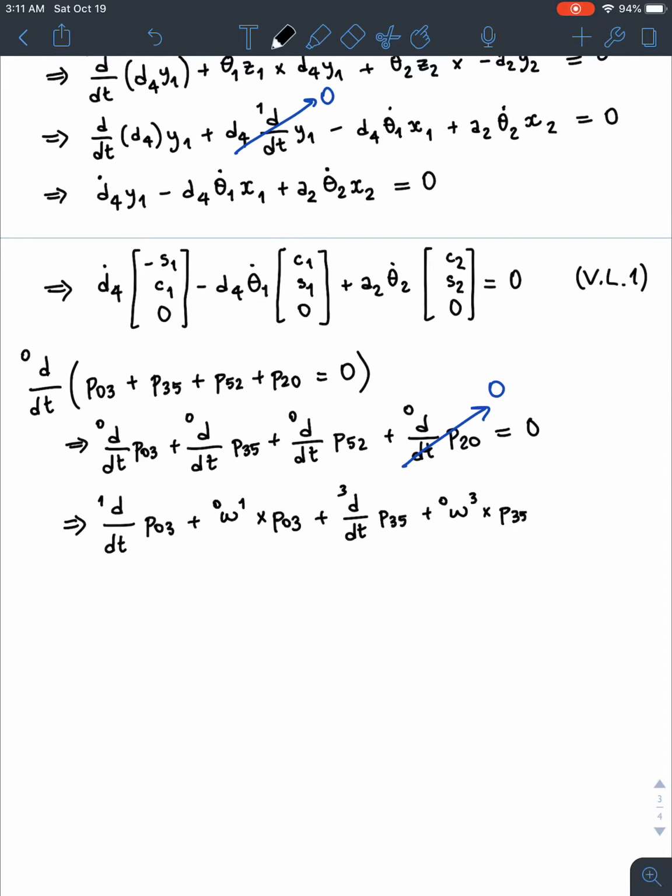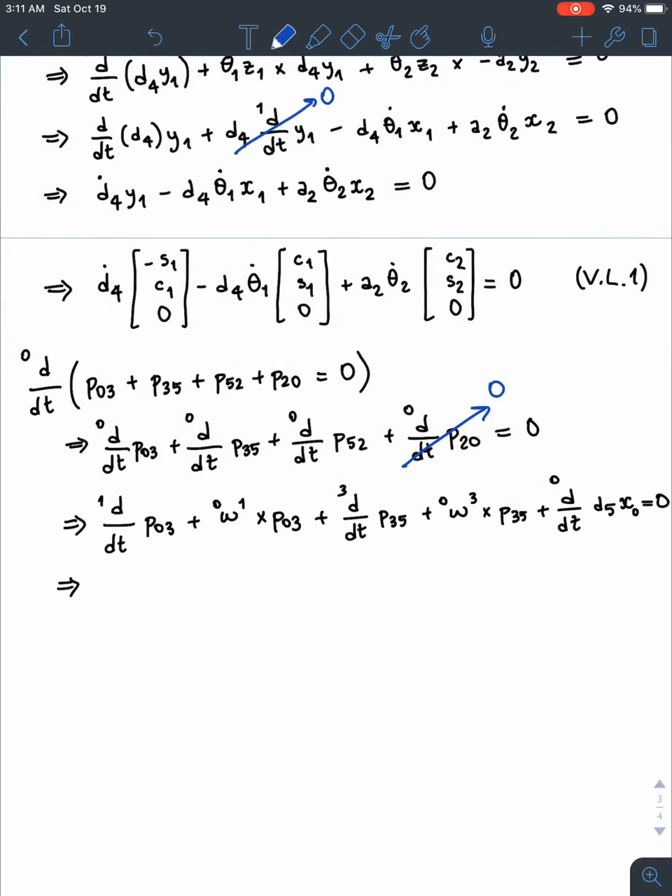And we said that the P52 is essentially D5 in the x0 direction, so I can just write this as, I don't need to use the differentiation in two frames formula because this is already in the x0 direction. And that whole thing is equal to 0. Let's move on one more step.